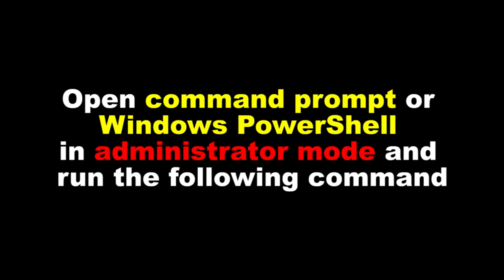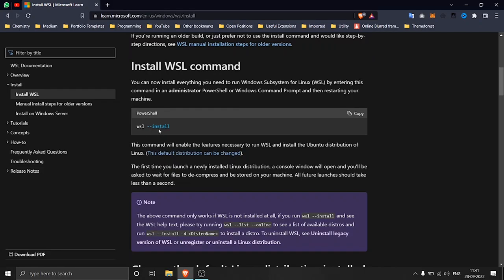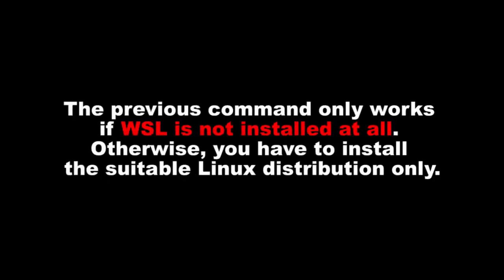Open Command Prompt or Windows PowerShell in administrator mode and run the following command. The previous command only works if WSL is not installed at all. Otherwise, you have to install the suitable Linux distribution only.